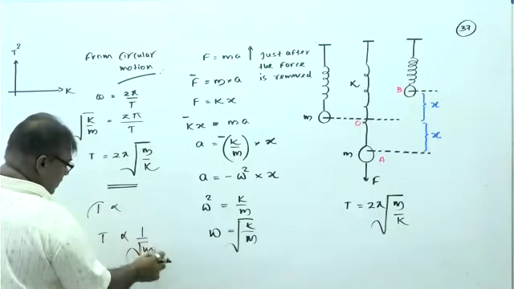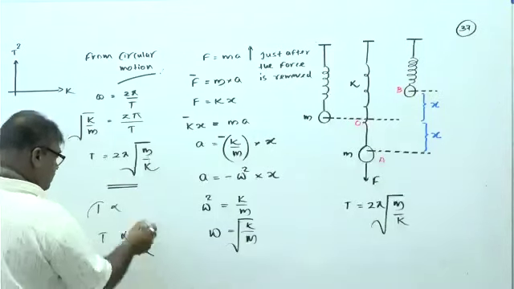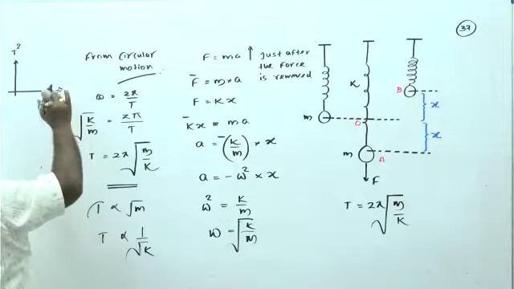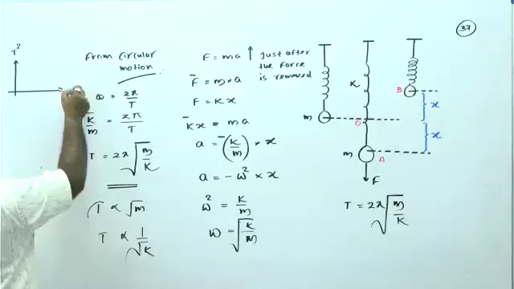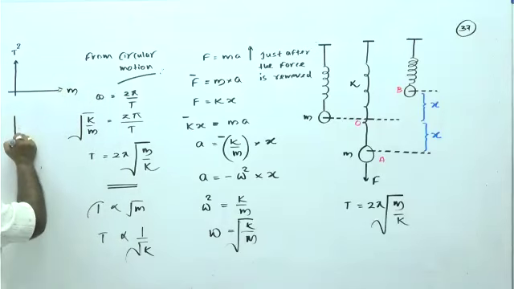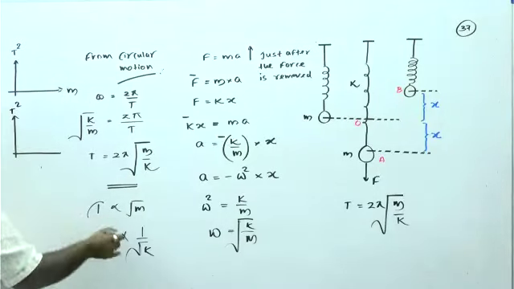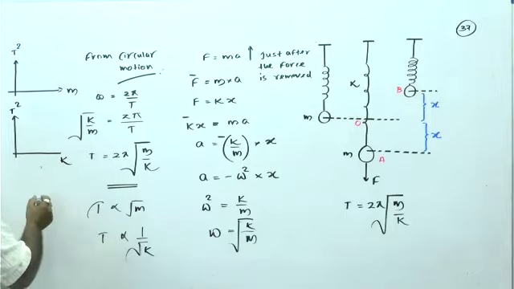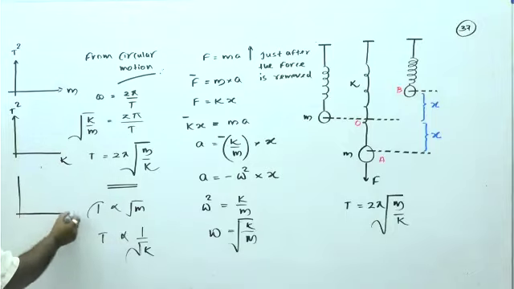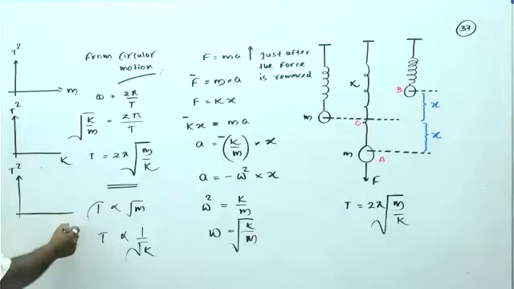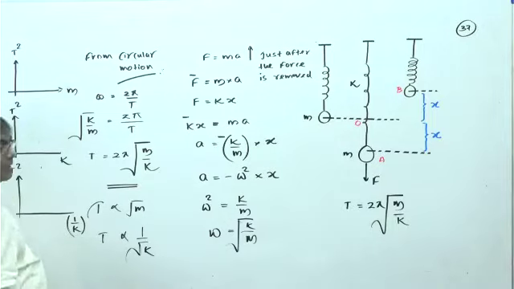And we can draw the other one, T squared versus k, and T squared versus 1 over k. Can you draw these three graphs too?